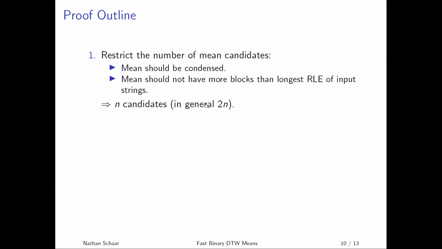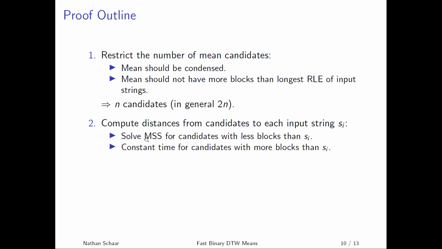And in general, if we also allow starting ones, then we have 2n. And now all that's left to do is to compute those distances between candidates and the inputs. And for the shorter ones, we saw that we can do this by computing the min-1 separated sums problem. And for longer ones, it's actually easy to see that you only have to count how many garbage blocks you have in the mean. So that can be done in constant time.